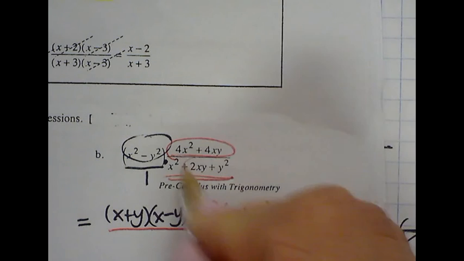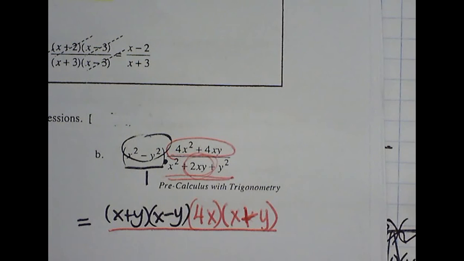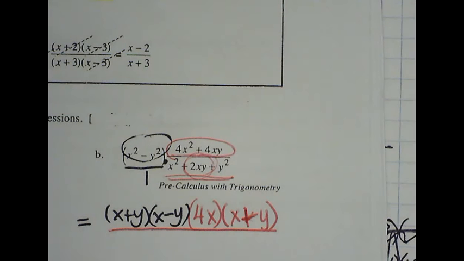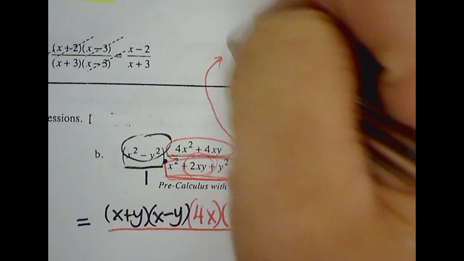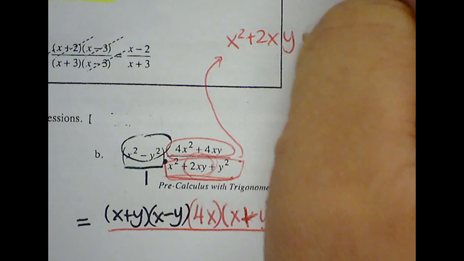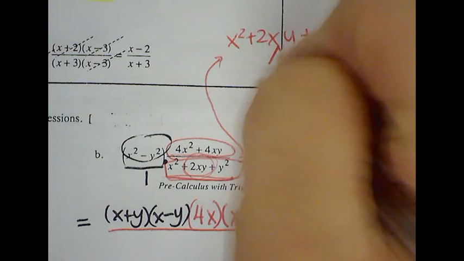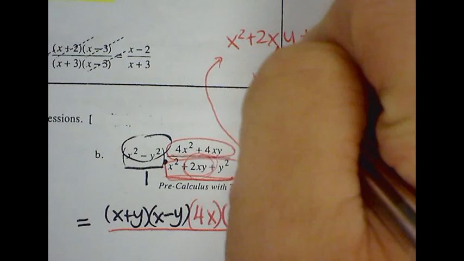x squared plus 2xy plus y squared. Can I split this up into xy plus xy? Yes. You guys agree with that? And so I have x squared plus xy plus xy plus y squared. Do you guys agree with that? Okay. Can I group this and group that?